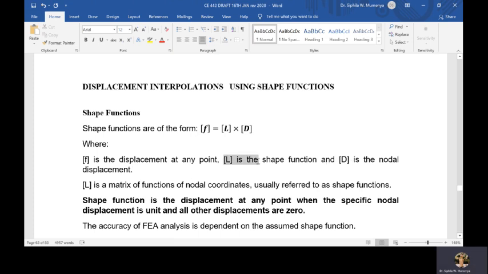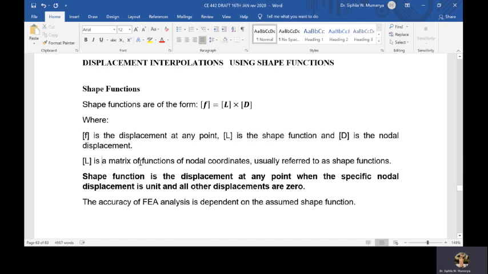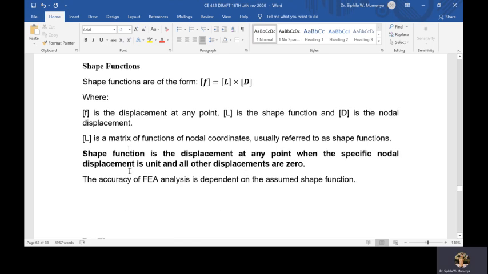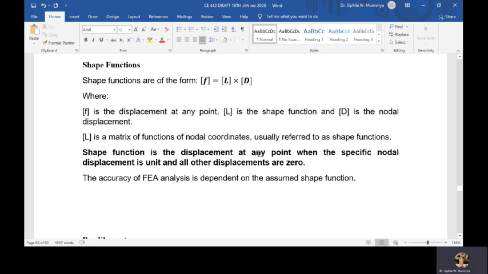So L is the shape function that we are introducing, and L is a matrix of functions of nodal coordinates, which are referred to as the shape functions. Therefore, a shape function is the displacement at any point when the specific nodal displacement is unity and all other displacements are zero.